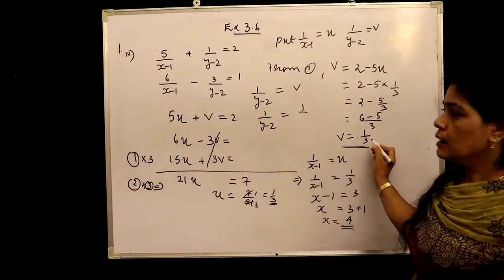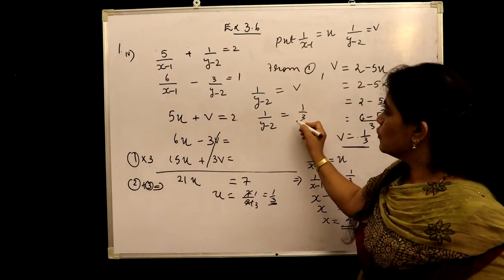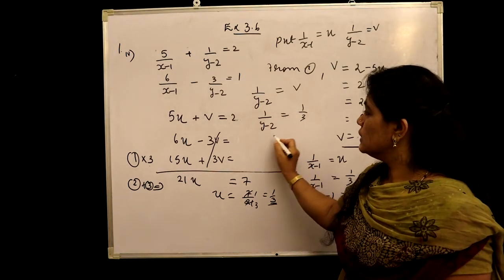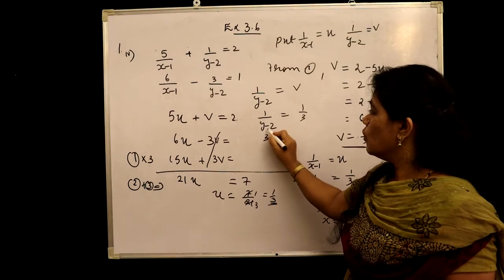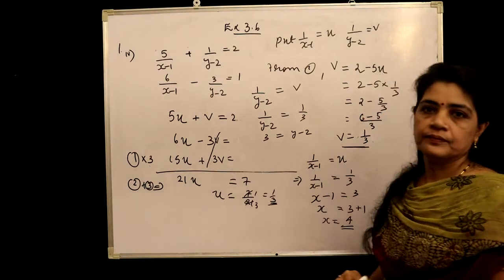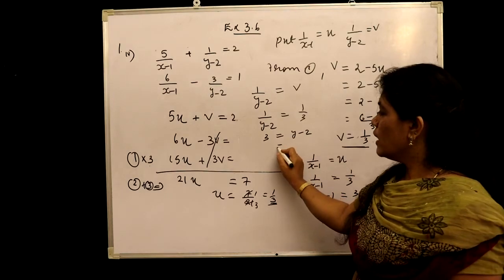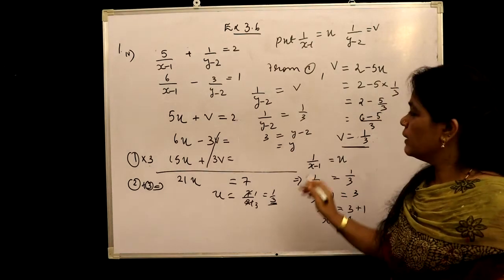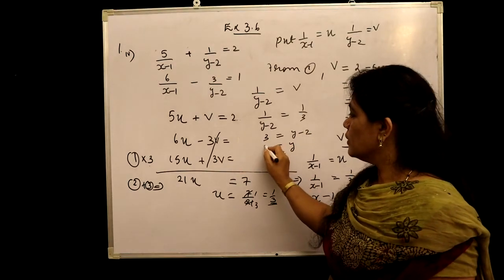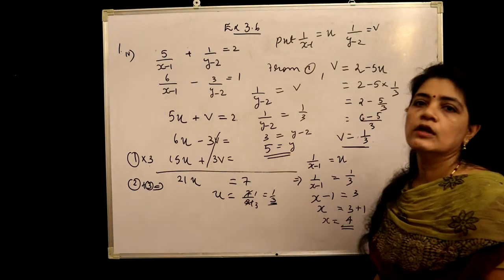See here, I am giving the substitution for v, and the same idea: 3 into 1, 3, is equal to y minus 2 into 1, y minus 2. I am keeping y alone here, by taking minus 2 to this side. So 3 plus 2, that is 5. That is y is equal to 5.